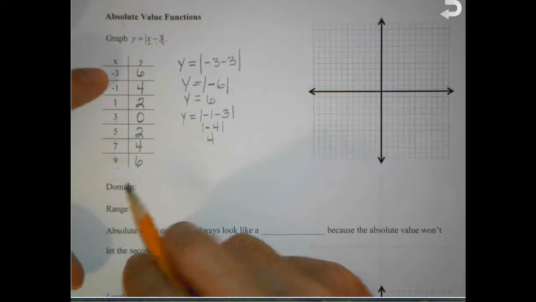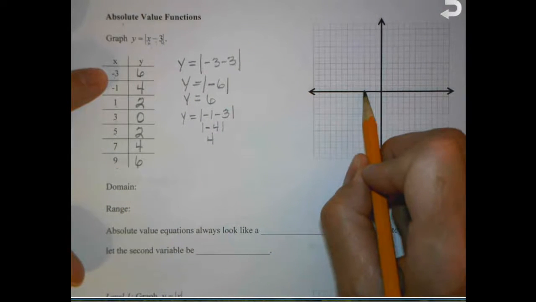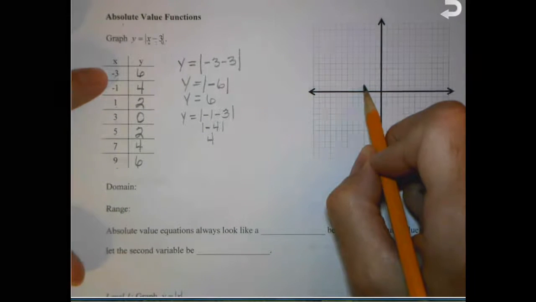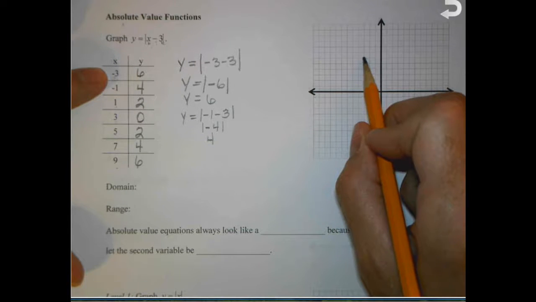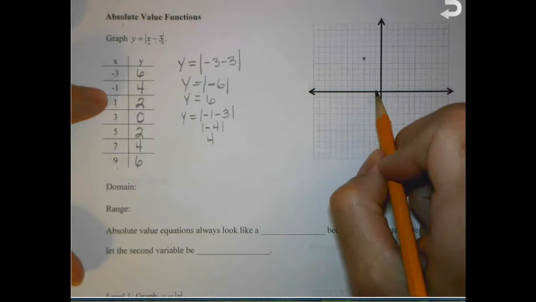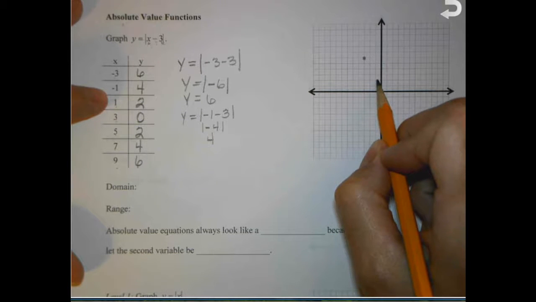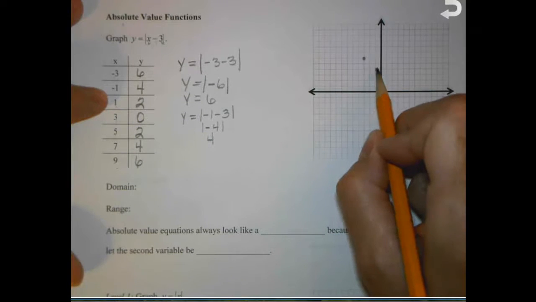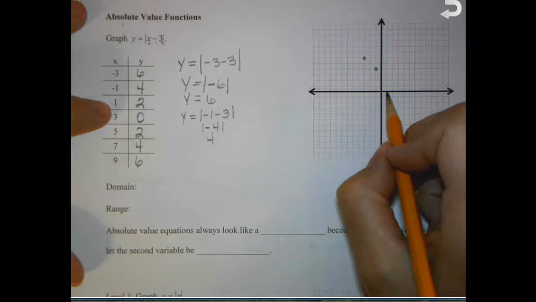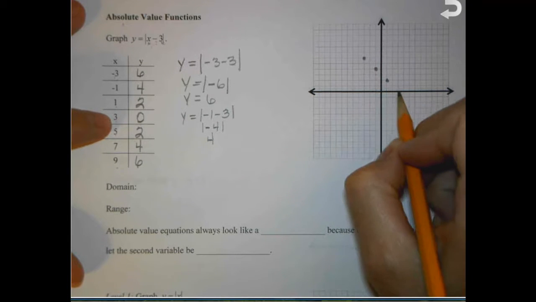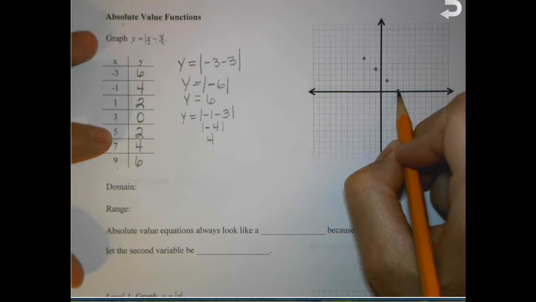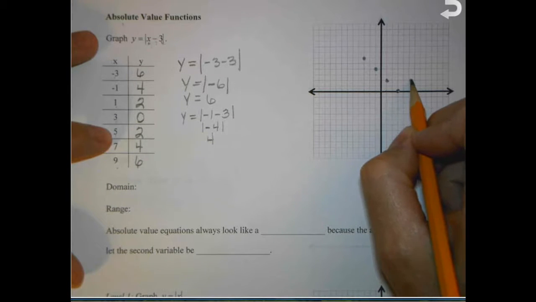I can see -3 and +6, -1 and +4, 1 and 2, 3 and 0, 5 and 2.